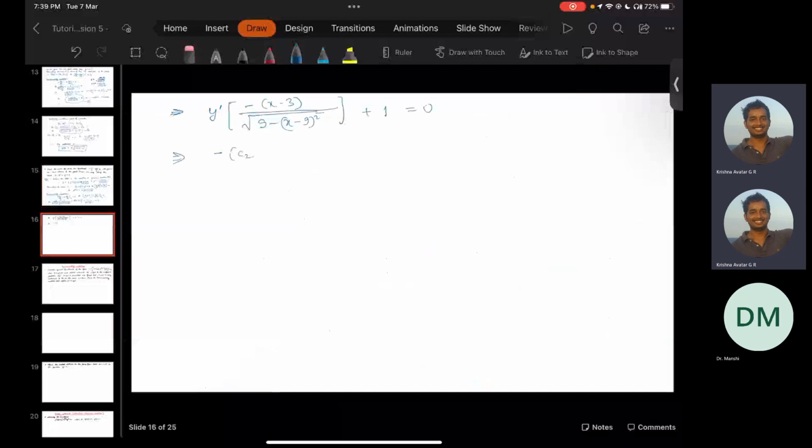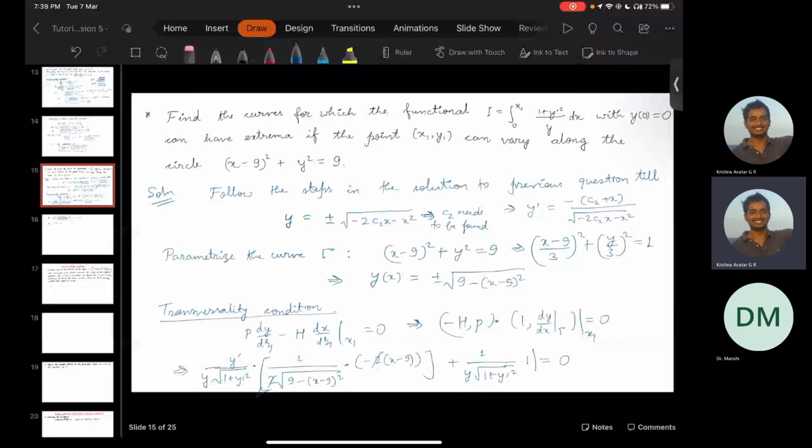So wherever we have x, we'll replace it with x1, and then it is divided by minus 2 c2 x minus x squared.